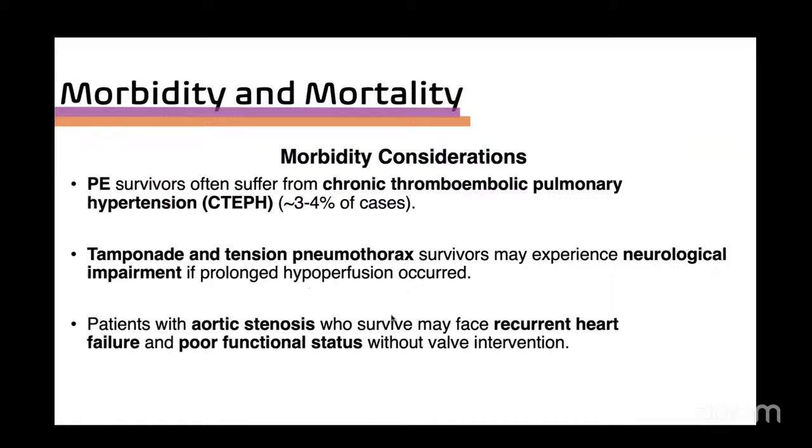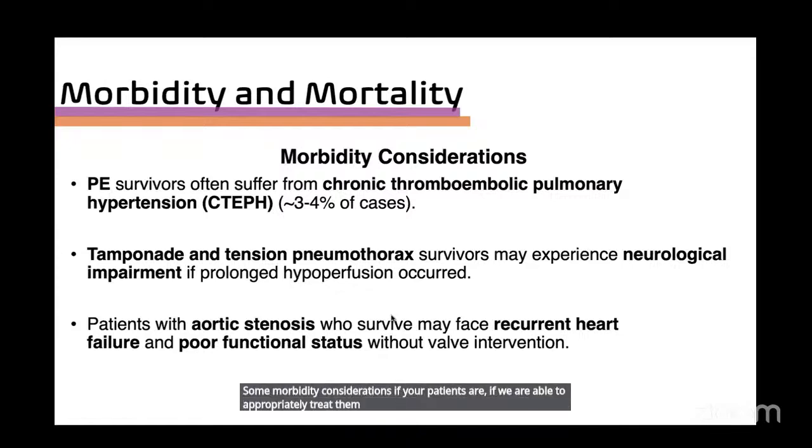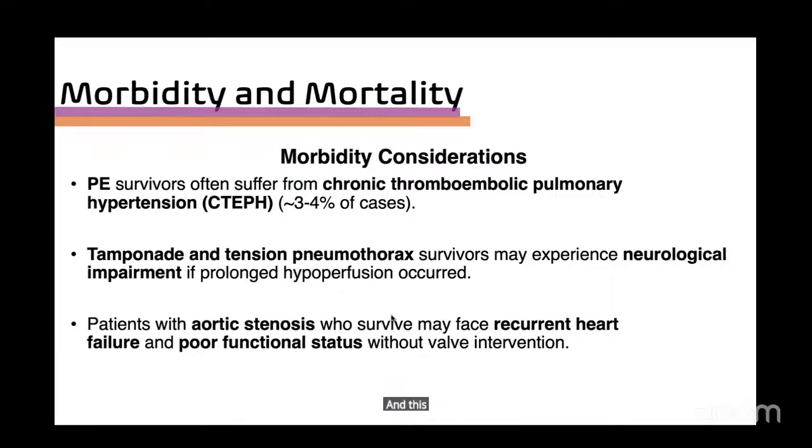Some more morbidity considerations, if we are able to appropriately treat them, is that people often have chronic pulmonary hypertension, which is the WHO classification for types of pulmonary hypertension. And this can cause an obstructive shock in itself with high afterloads for the ventricle.